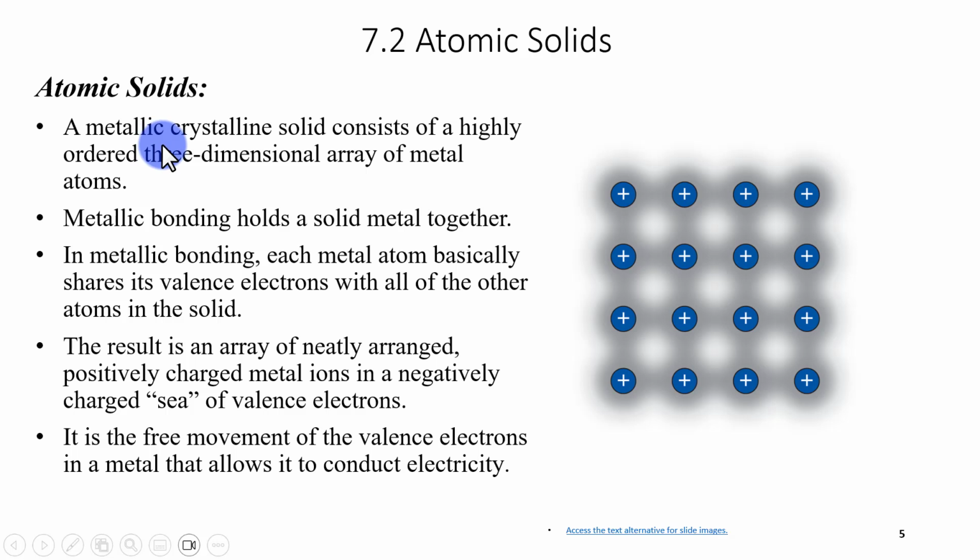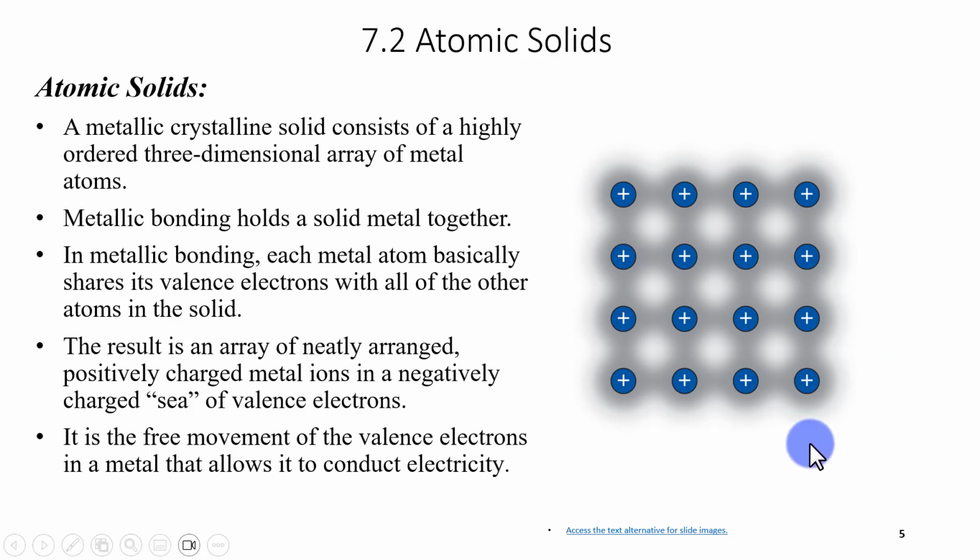We call them metallic bonds, where the valence electrons are shared equally by all the atoms in the three-dimensional structure. And what we have left behind are these positively charged metal ions sharing all the sea of valence electrons.